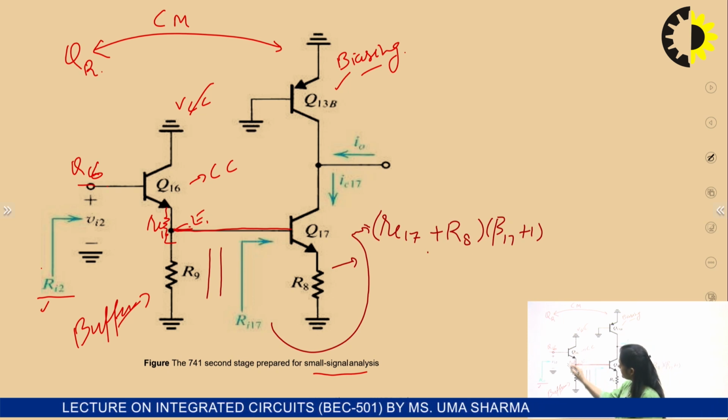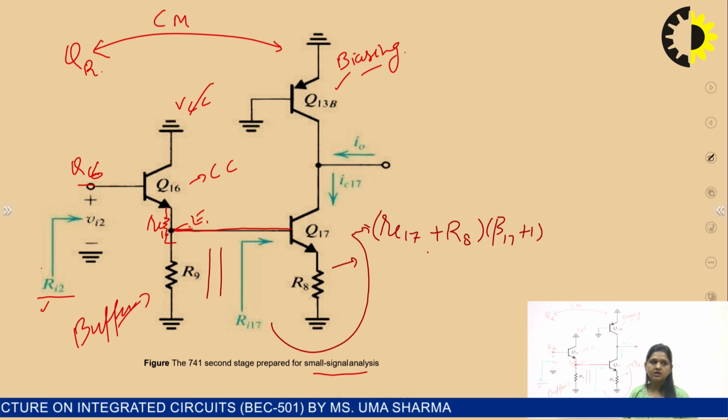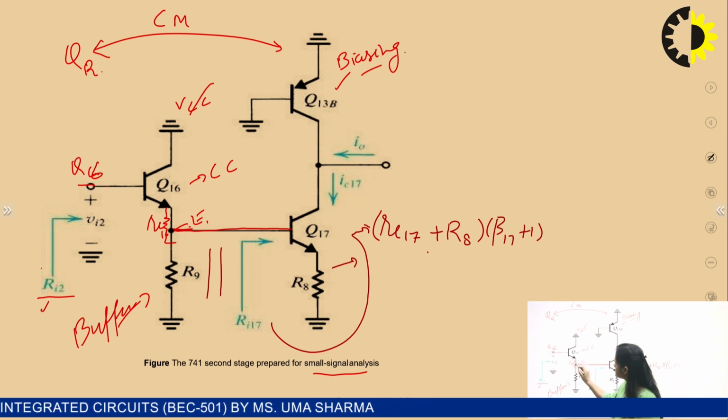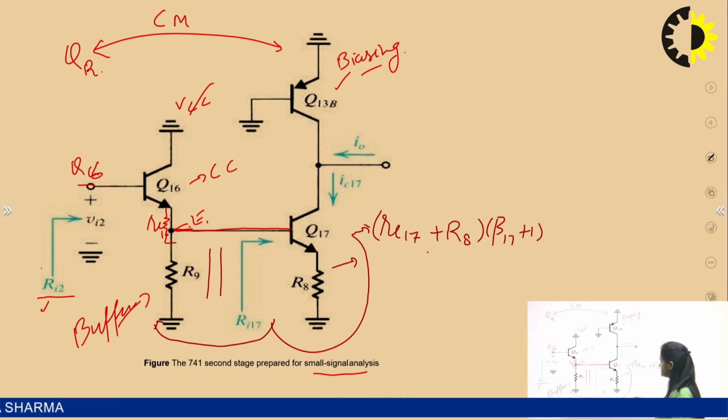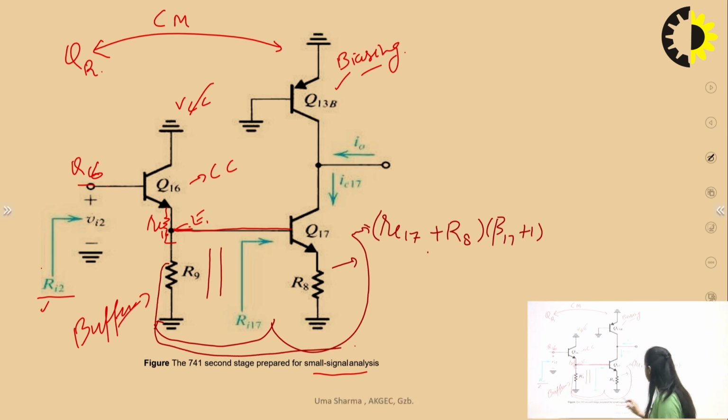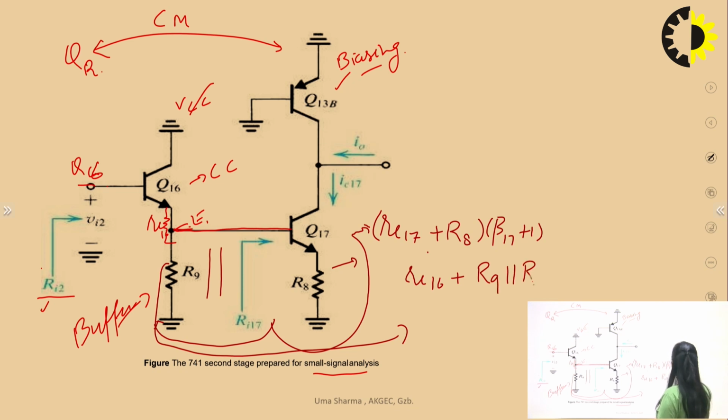Now at the emitter node of Q16, you can see that this Re16 is in series with this complete resistance. So that means the total resistance at this emitter node can be written as Re16 plus R9 parallel with Ri17, and the value of Ri17 is this.